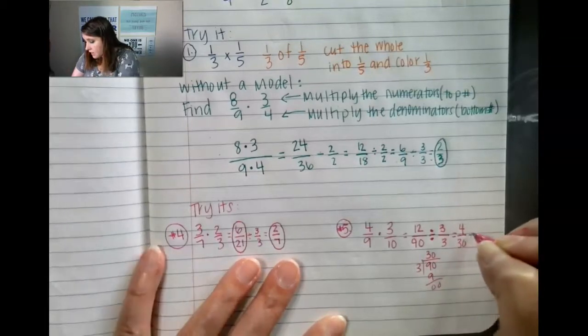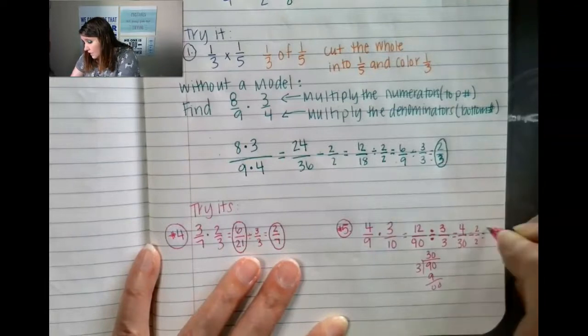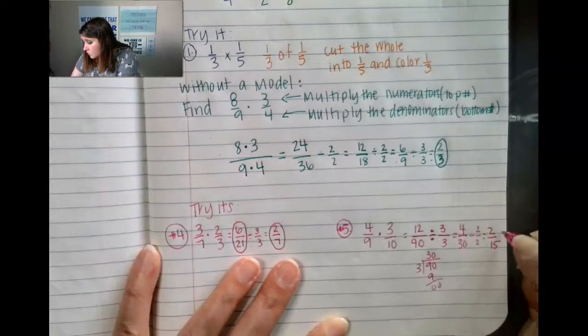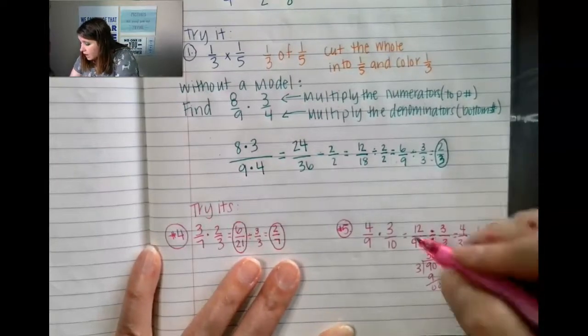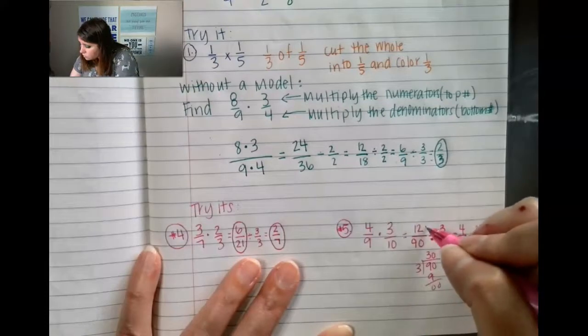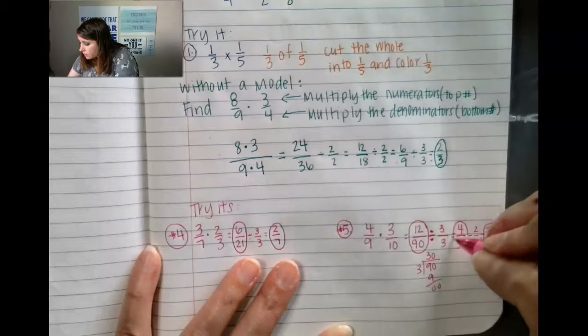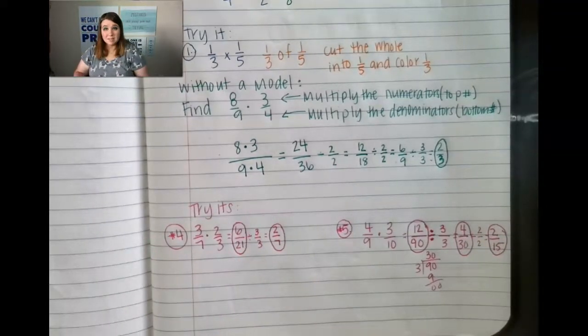Then I can divide that down again by 2 over 2, and that gives me 2/15. And 2/15 can't be any smaller, so I can either have 12/90, I could have 4/30, or I could have 2/15.